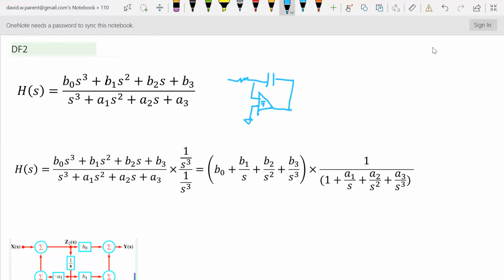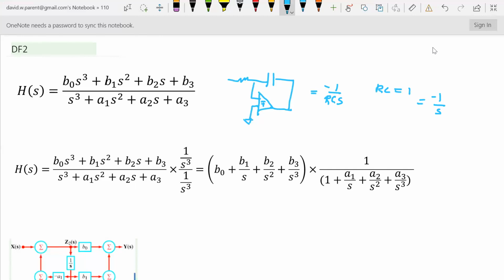While there are non-inverting integrators, for this methodology, it's actually just a lot easier to use the inverting one. So really, this is just 1 over RCS, and we can set RC equal to 1, with a minus sign, so that we can get minus 1 over s. And we'll worry about that minus sign later.